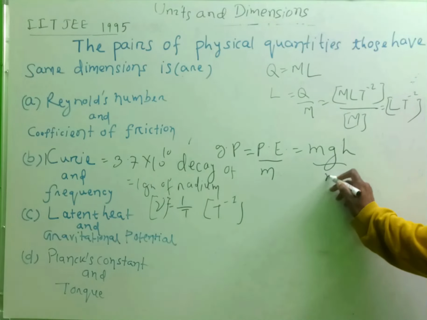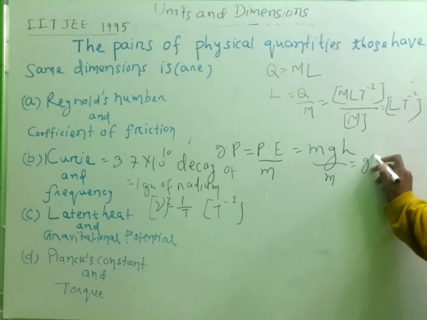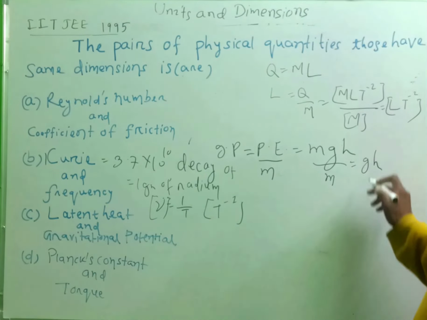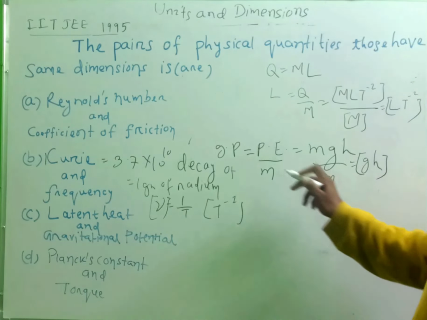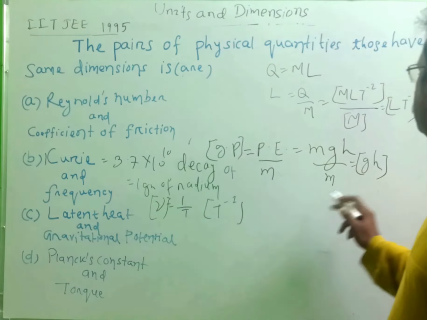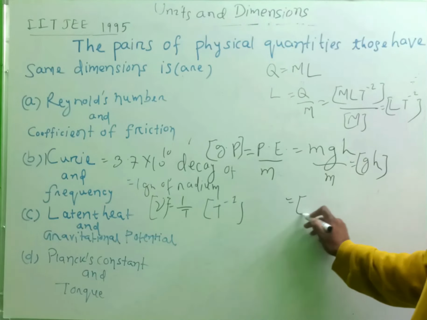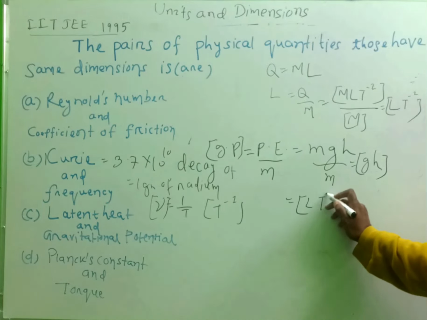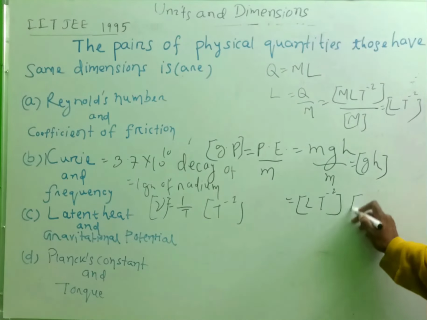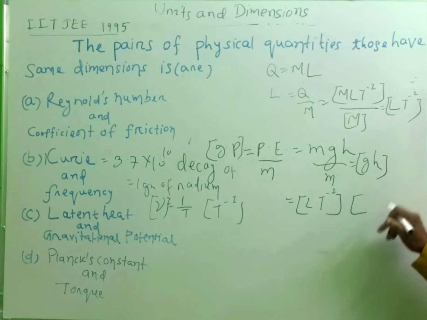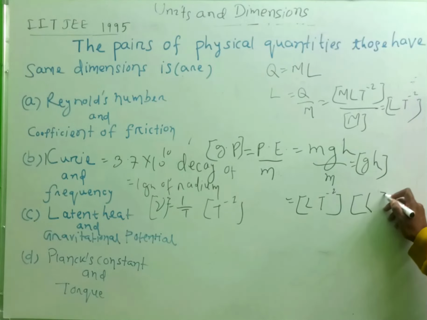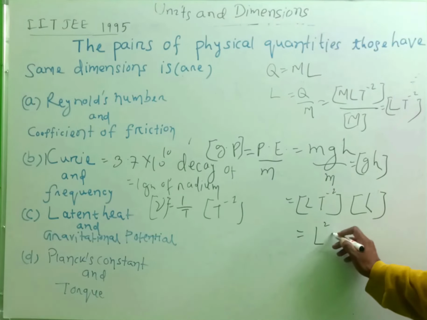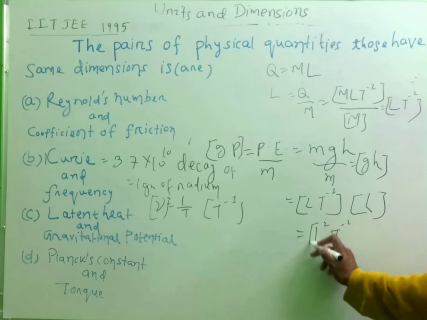So mgh divided by m is gh. Okay, student. Then the formula for gravitational potential is gh. So its dimension will be equal to dimensions of g times h. What is g? g is acceleration due to gravity. Its dimensions are LT^-2 and dimensions of h, student, is length. So the dimensions of gravitational potential is L^2 T^-2.